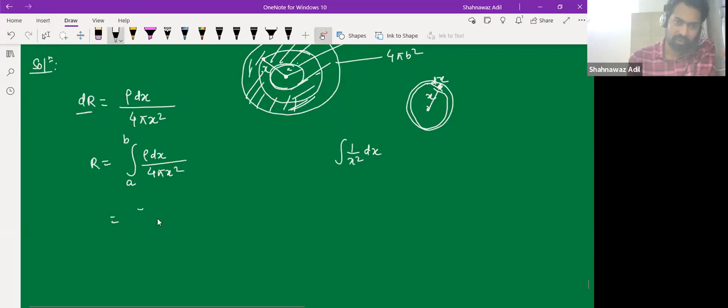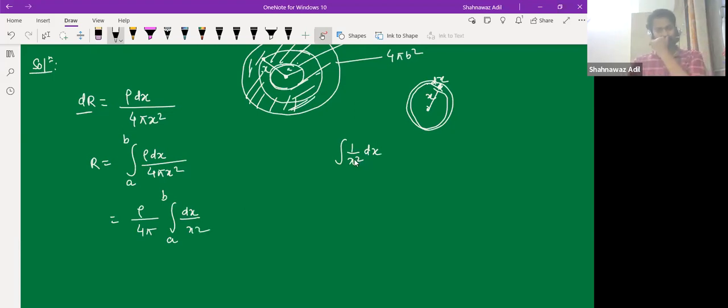Rho is constant, 4 pi is constant, so this is the integral from a to b of dx by x square. Tarif, what would be the integration?